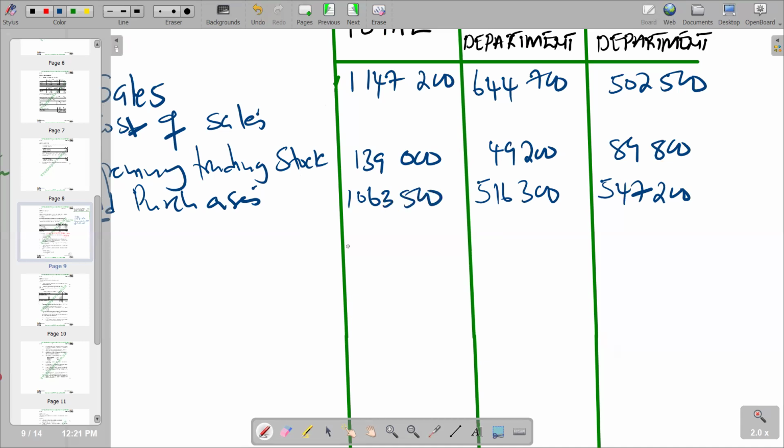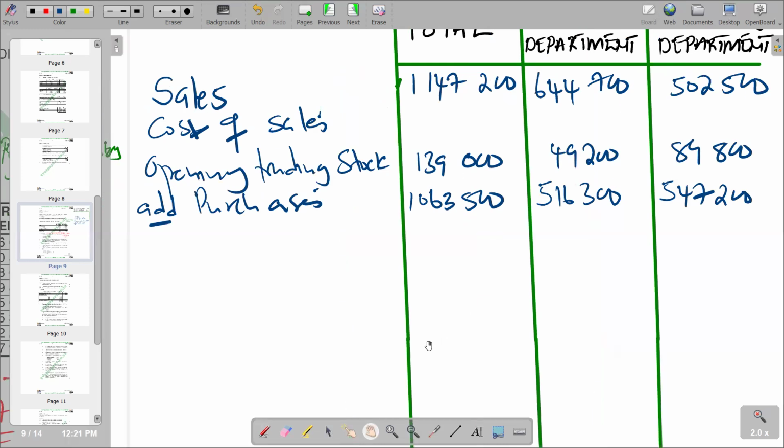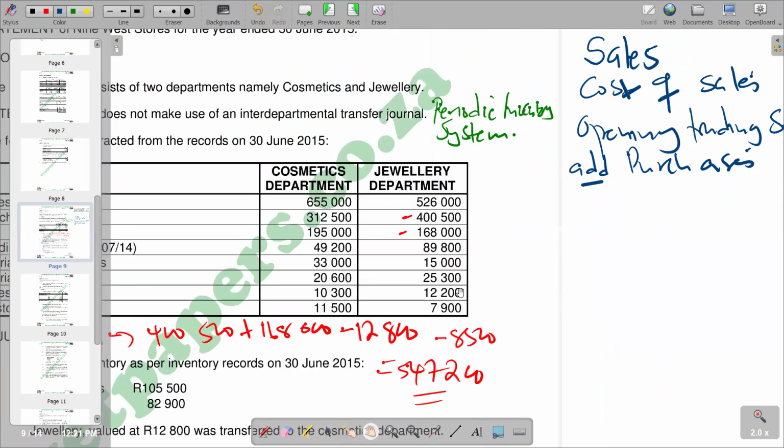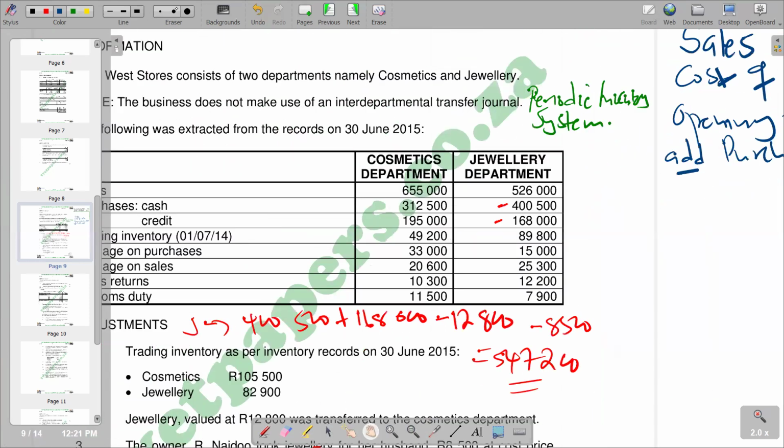After that, now we are supposed to add our carriage on purchases. We try to check if you have got carriage on purchases in the question.